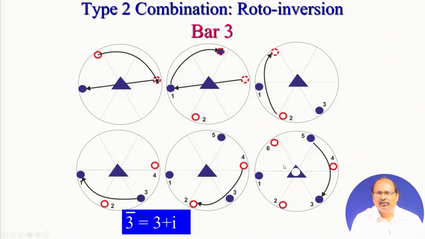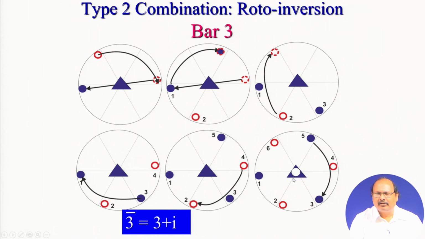So, a very nice threefold axis of rotation is maintained, and the same thing happens to the closed dots. But we also have something additional: symmetry is generated here, because this open circle and this closed circle are related to each other by an inversion. So, there is a center of symmetry here.